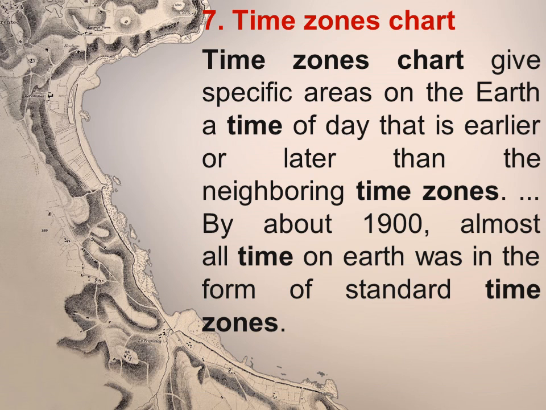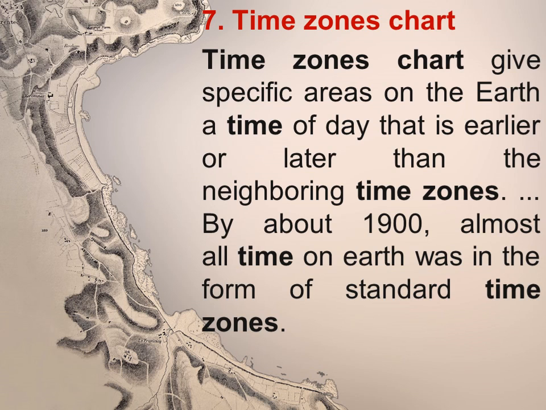Okay. Next is the time zone chart. A time zone chart gives a specific area on the Earth a time of day that is earlier or later than the neighboring time zone. By about 1900, almost all of the Earth was in the form of standard time zones. So we have noticed that different places have different times because of the relationship of longitude to time.